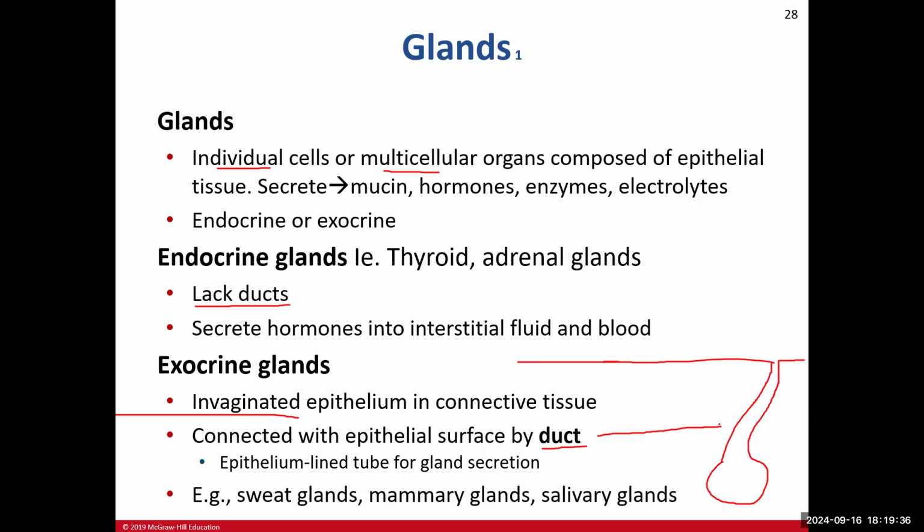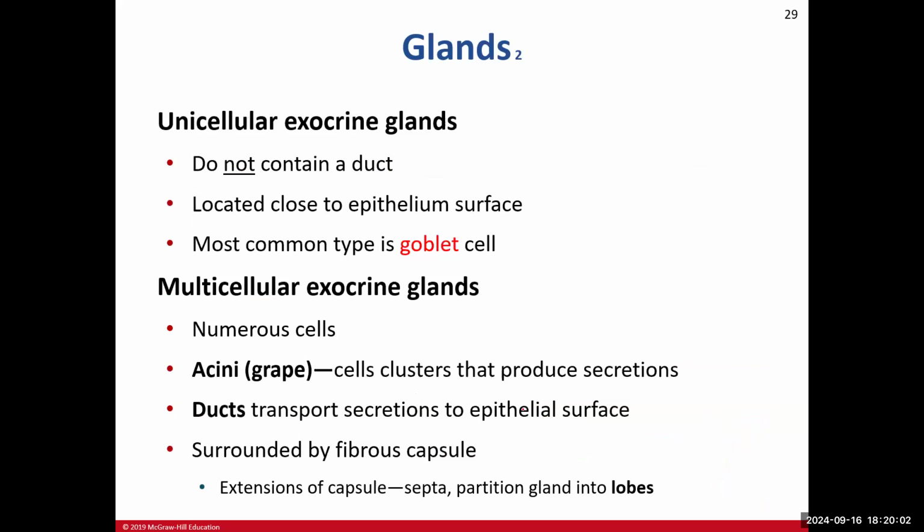That is going to travel through some of the connective tissue and epithelial tissue to the surface of the epithelium. So we'll spend a lot of time talking about sweat glands, but you'll see these glands in other areas, mammary glands, salivary glands. And so these glands produce secretions that are eventually going to have to travel through this duct-like structure.